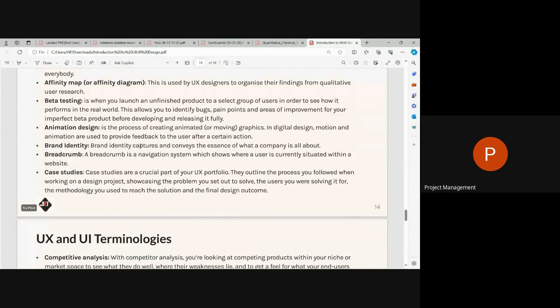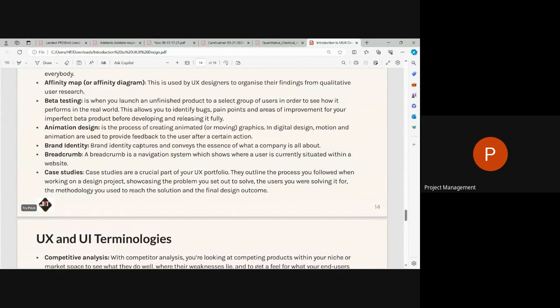Then we have the breadcrumb. The breadcrumb is an example of a navigational component that shows where a user is currently situated. If you see on any website, let's say from the home page you navigate to the service page, from the service page you navigate to the products page.